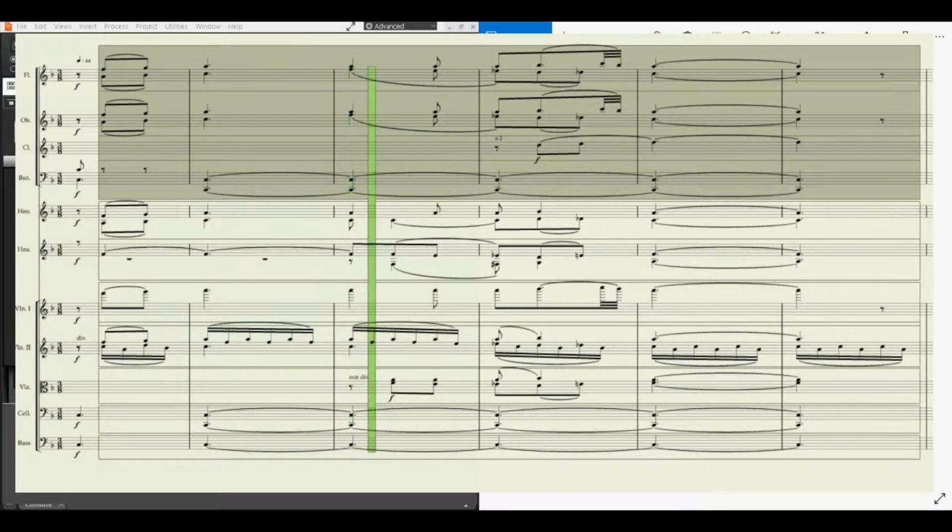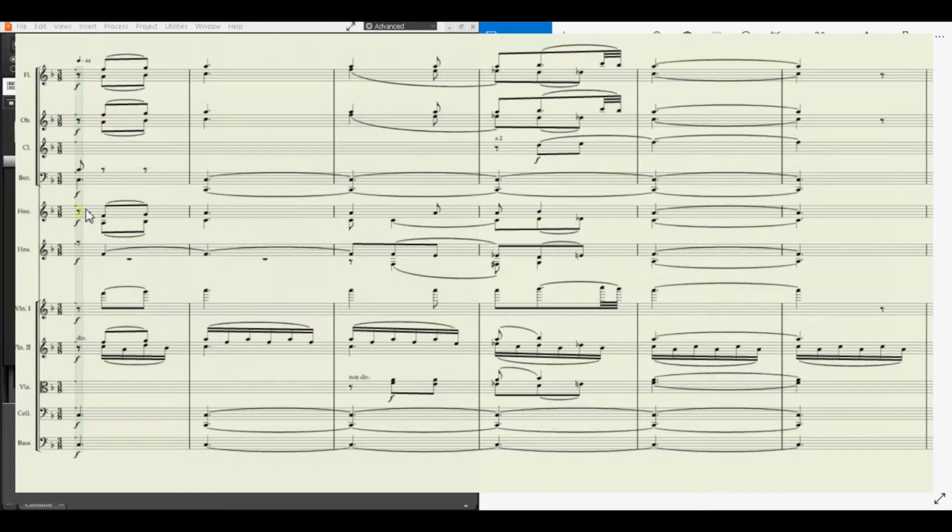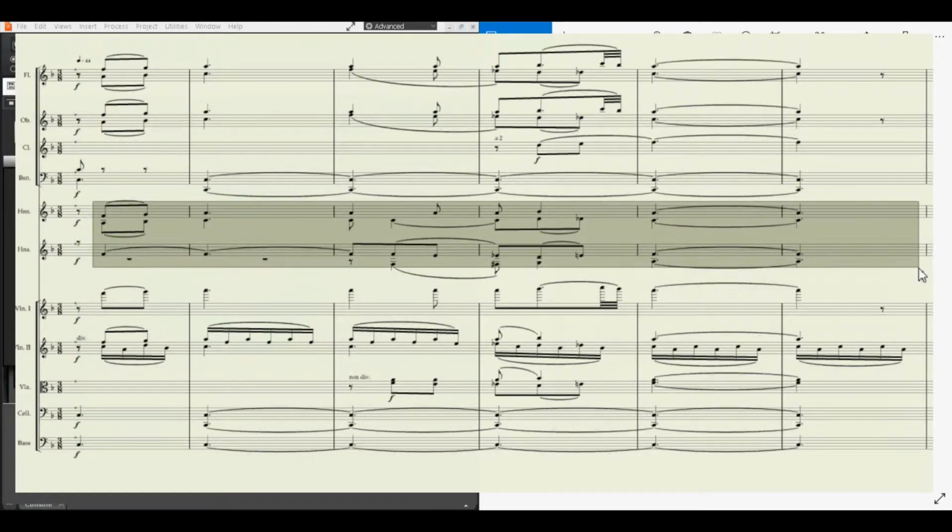The wind groups. So let's listen to the horns. That was accompanying it. We're tearing this apart piece by piece, part by part.